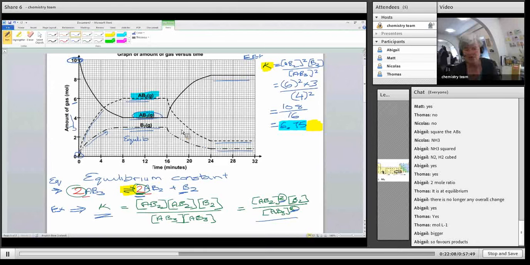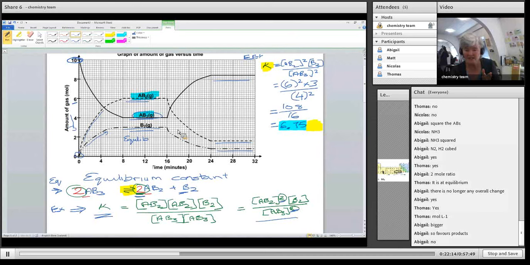Is it a sharp, sudden increase or decrease of any of them? In other words, is it because I've suddenly added more reactant or more product? No, it's a gradual one. So if it's a gradual one, it is probably something like a temperature change, and we can work that out in a number of ways.